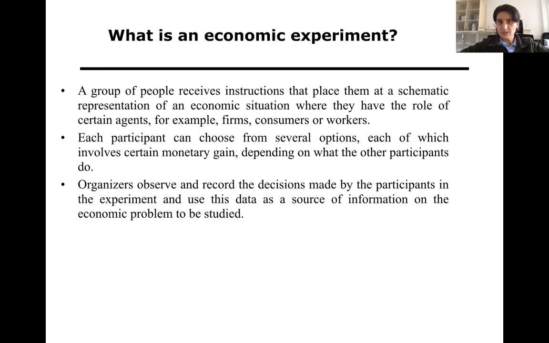A group of people receives instructions that place them in a schematic representation of an economic situation where they have the role of certain agents, for instance, firms, consumers, workers, game players, etc. Each participant can choose from several options, each of which involves a certain monetary gain, depending on what the other participants do. So these are the incentives given in the experiment. If you are running an experiment, you need to give real money to incentivize people.